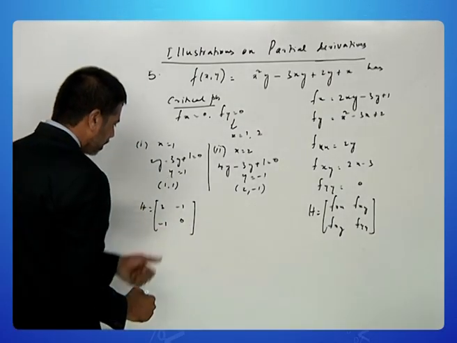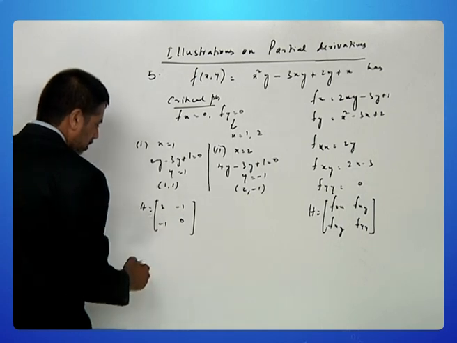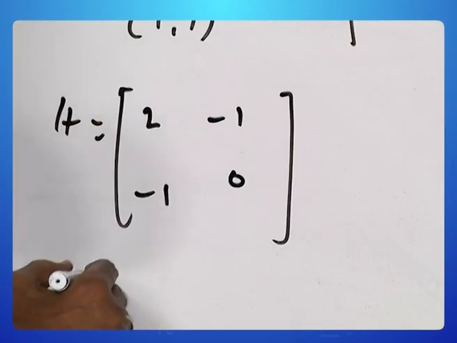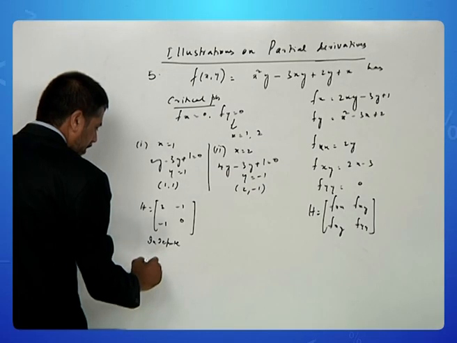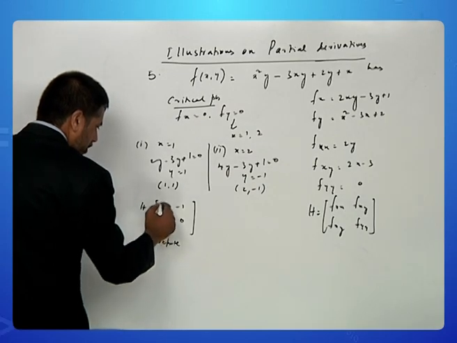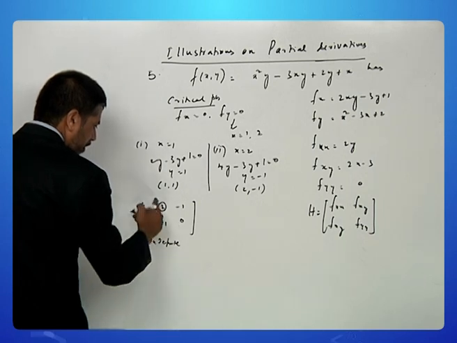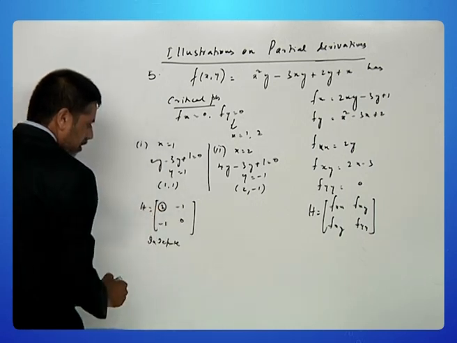So when you find out the Hessian matrix character, this is indefinite. Why is it indefinite? Because this is positive, whereas this determinant is negative.